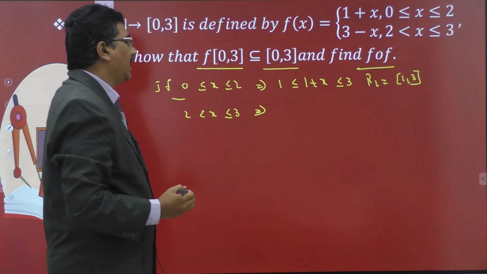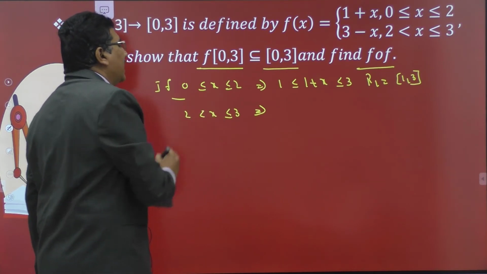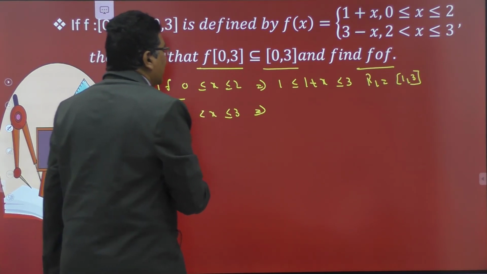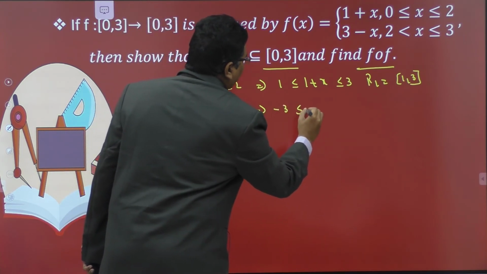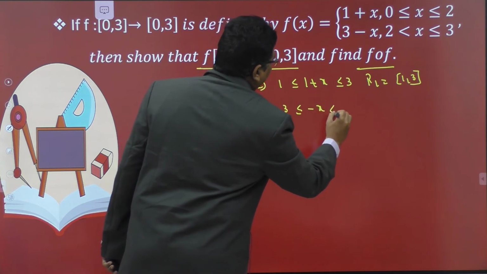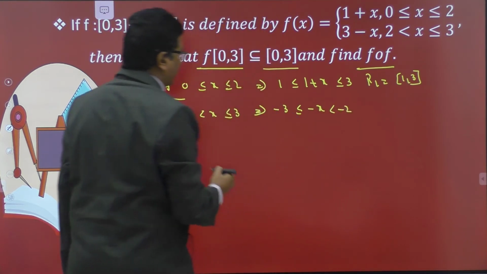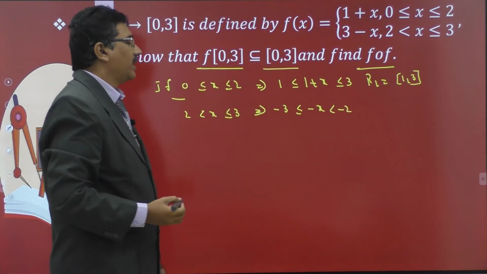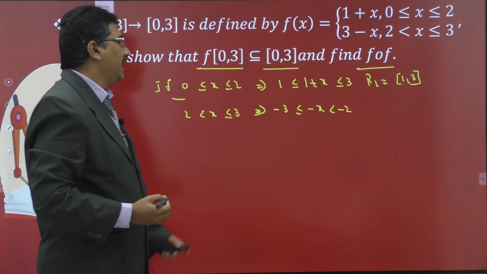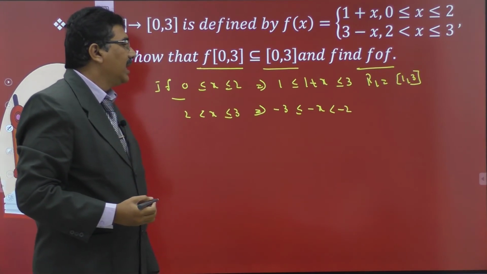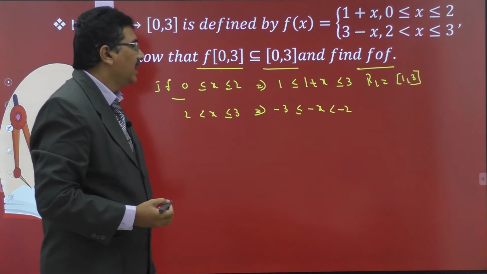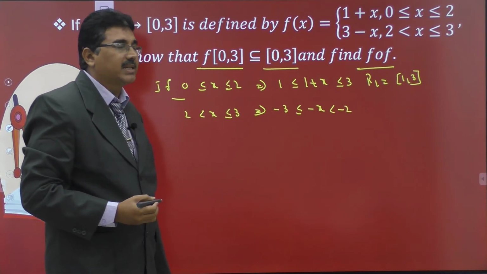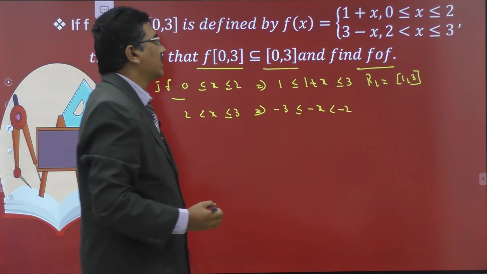That implies minus 3 less than or equal to minus x less than minus 2. Multiplying by a minus sign, the inequality changes.